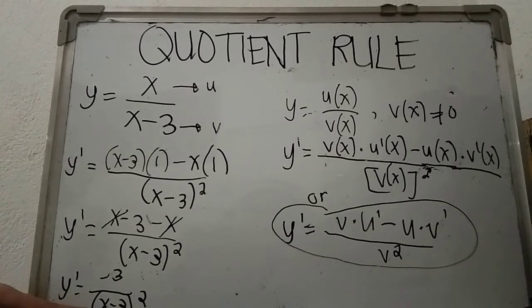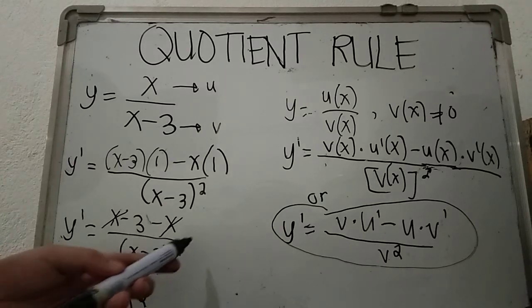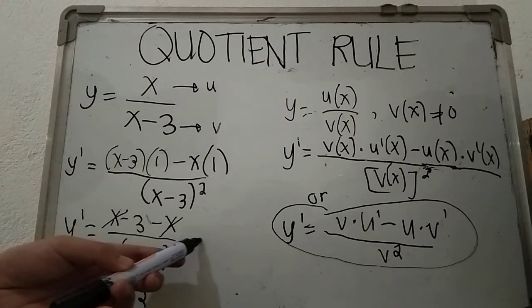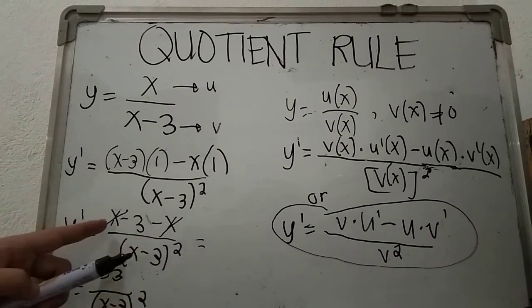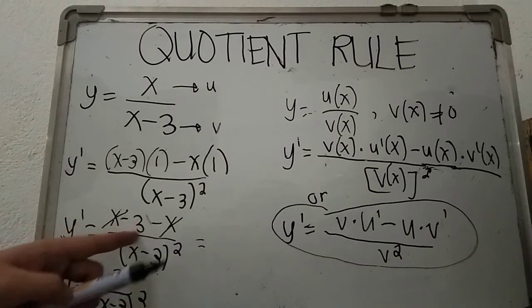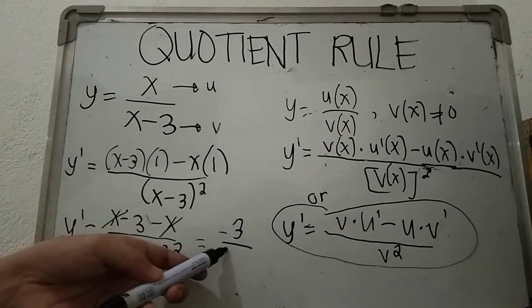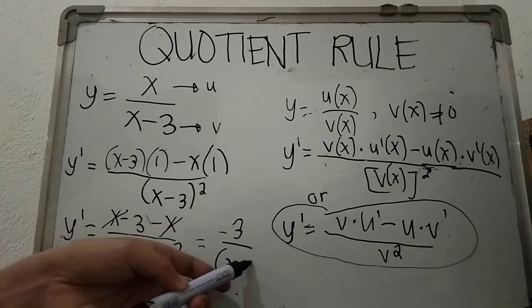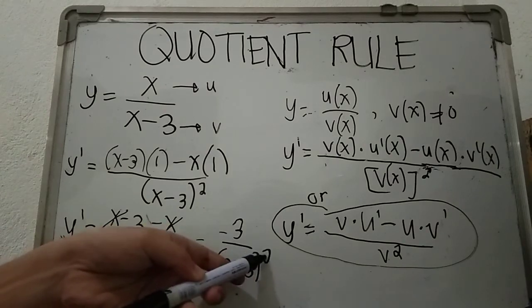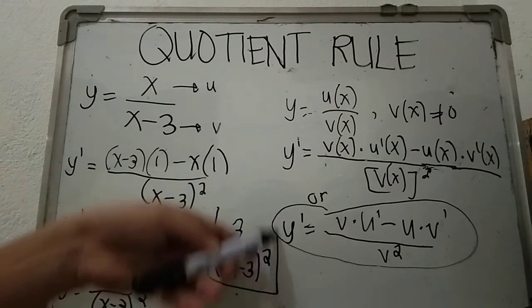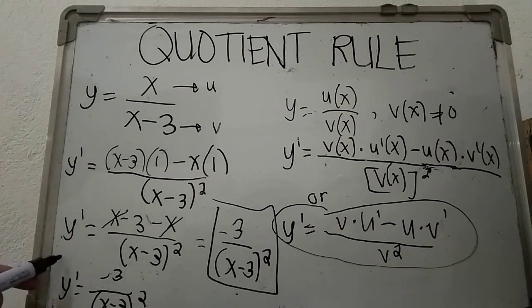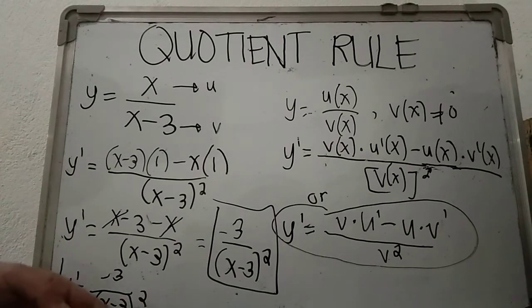That's x squared minus 6x plus 9. Or you can just write that here on this part right away. So what is x minus x? It's 0. So copy negative 3 over x minus 3 raised to the power of 2. So this is now your answer. You can do that, or you can write it on this part.